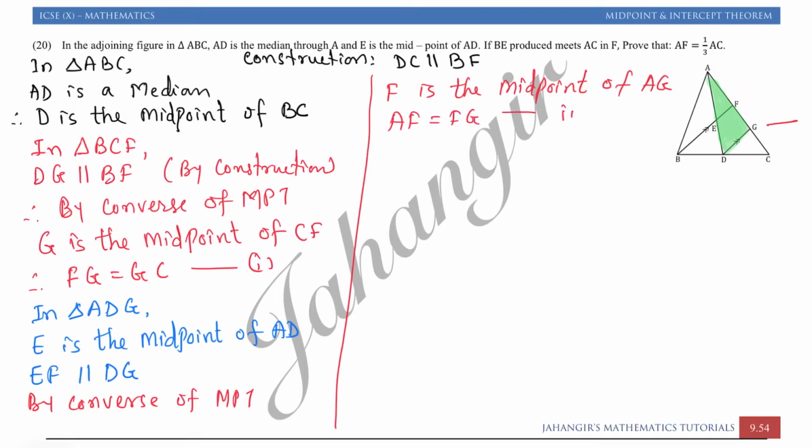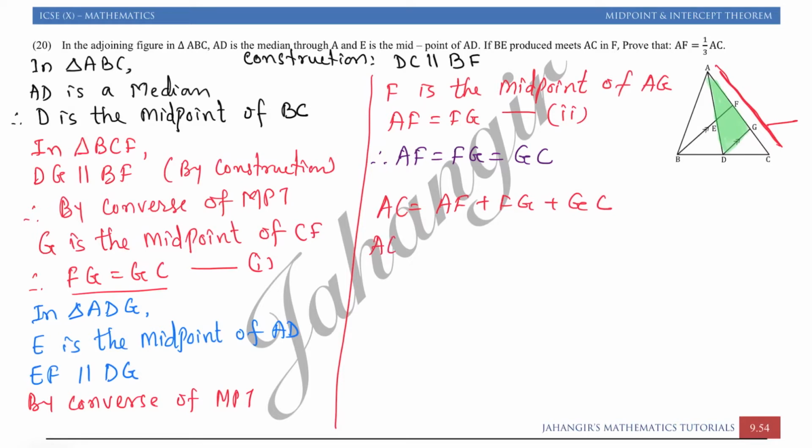This is the second result. Comparing first and second, in both cases FG is common. So therefore AF is equal to FG is equal to GC. Now AC is made up of three line segments, AF plus FG plus GC.